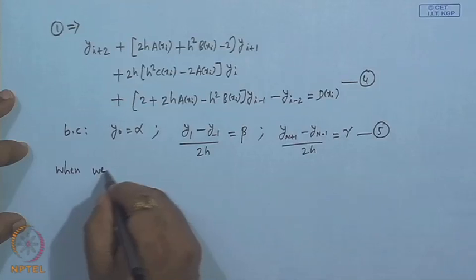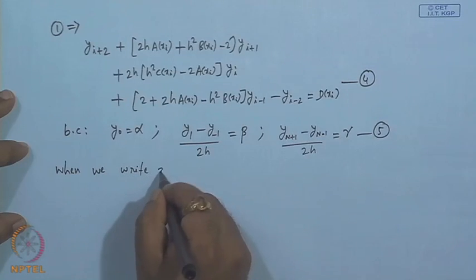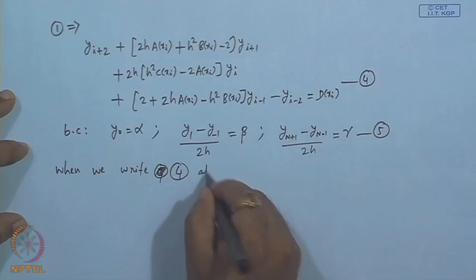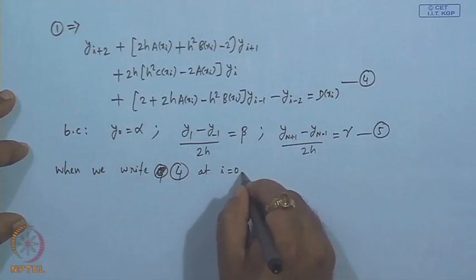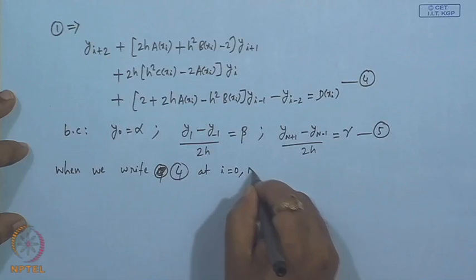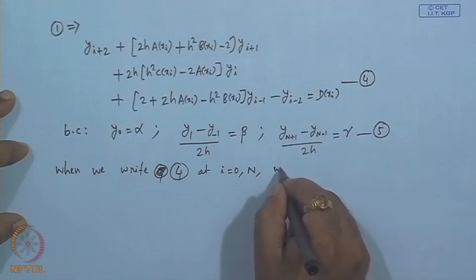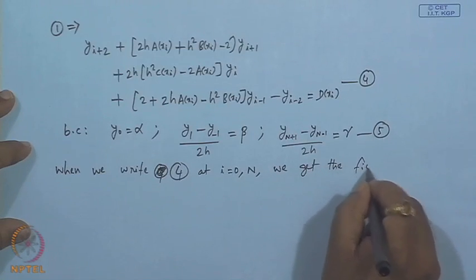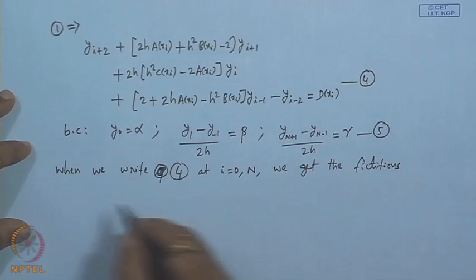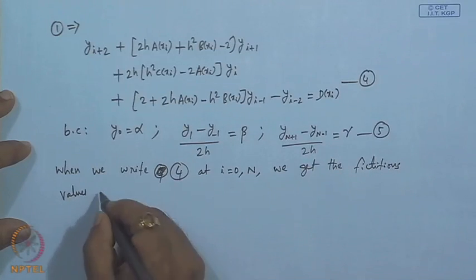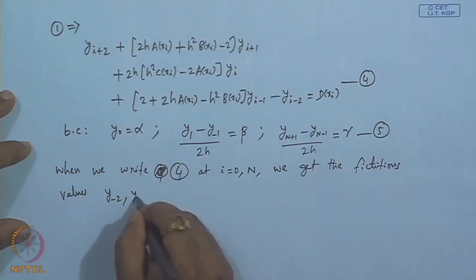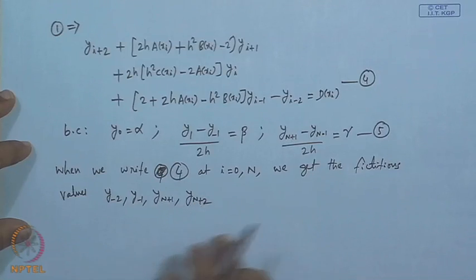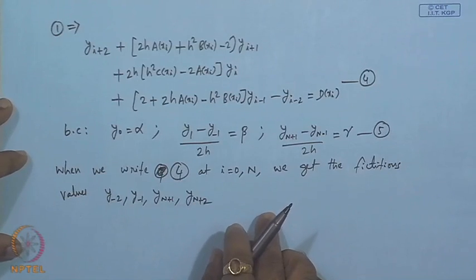When we write 4 at I is 0, n, we get the fictitious values. Okay. So, these are the fictitious values.